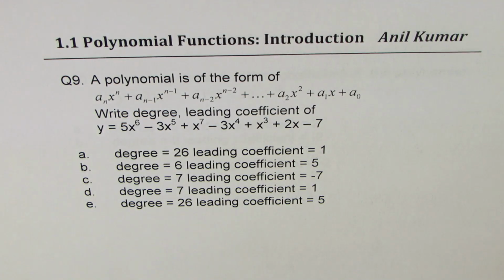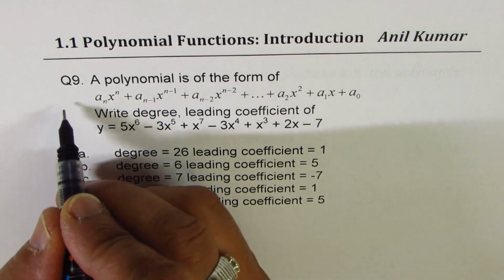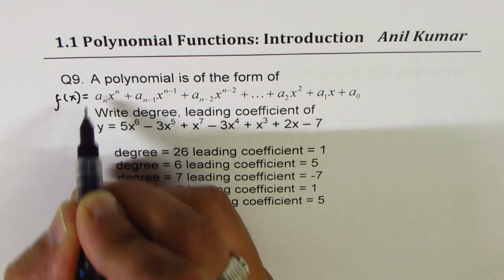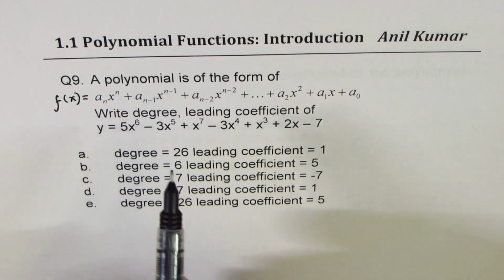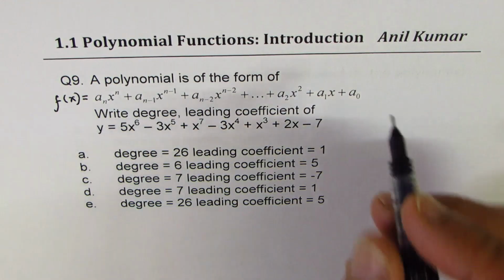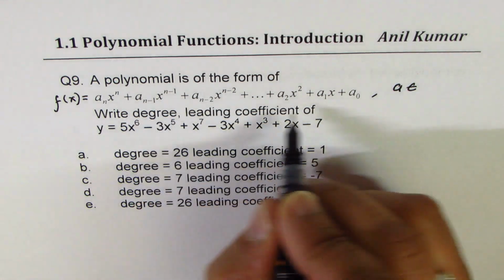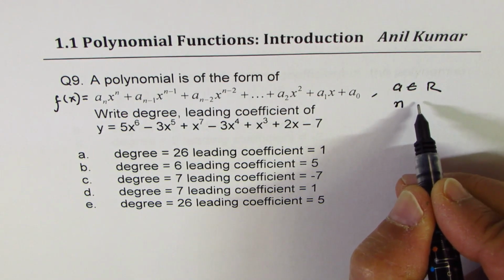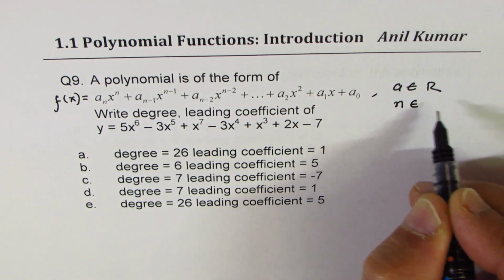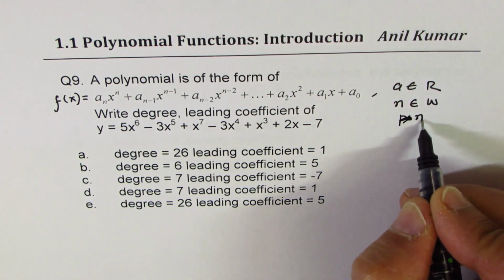Question number 9. So we know a lot about polynomials and here is how we represent a polynomial function. A polynomial function is of the form f of x equals a_n x to the power of n plus a_(n-1) x to the power of n minus 1 and so on, where all these coefficients belong to real numbers and n is a whole number, or we can say non-negative integers.